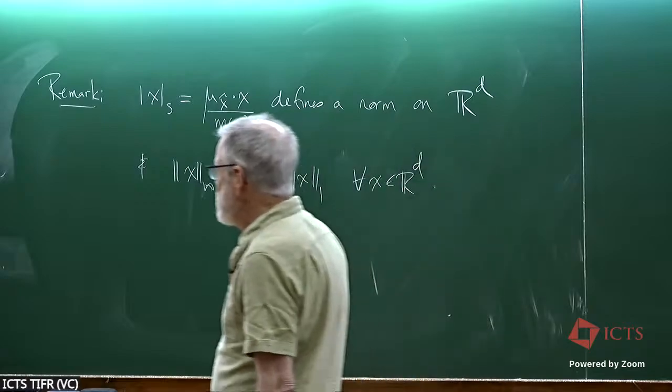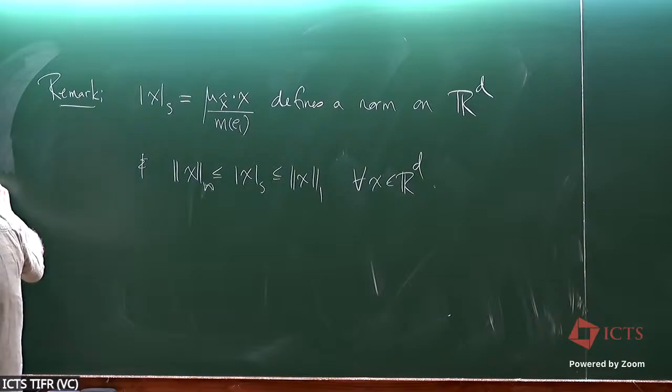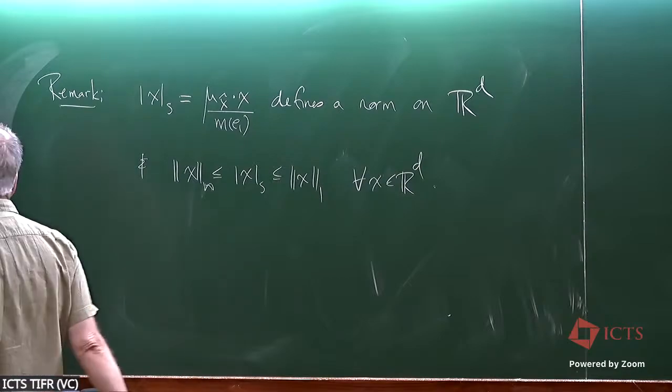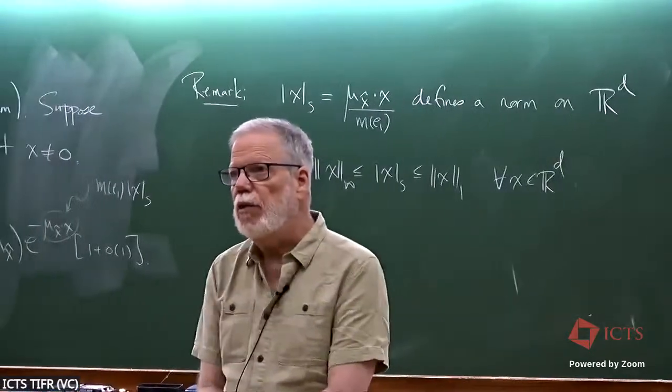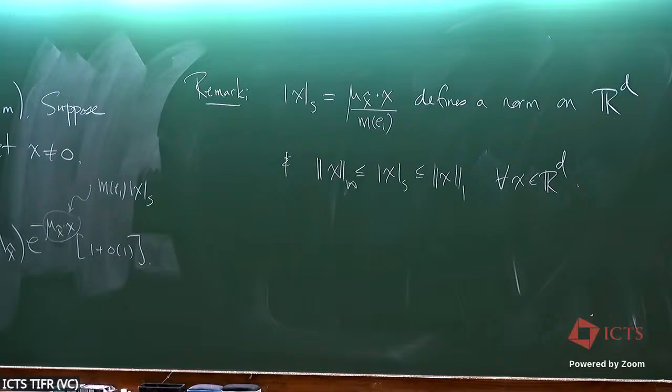So that means that it's possible to rewrite this exponential decay here as m of E1, which was, you know, the edge of omega there on the axis, times this norm of S, like we saw in the Yoffe theorem for self-avoiding walk. So that's nice.